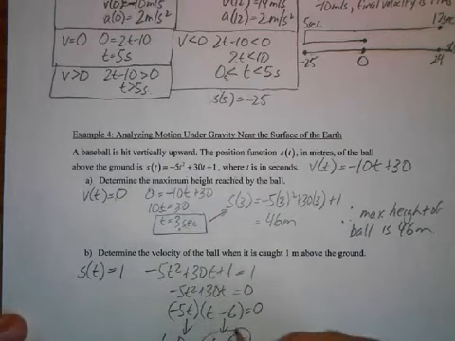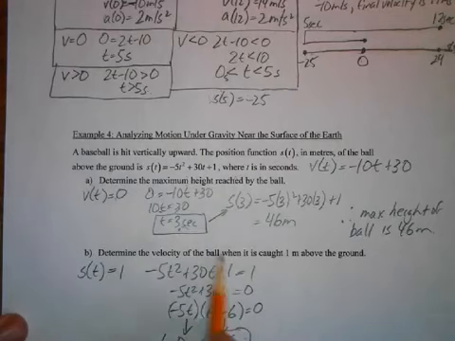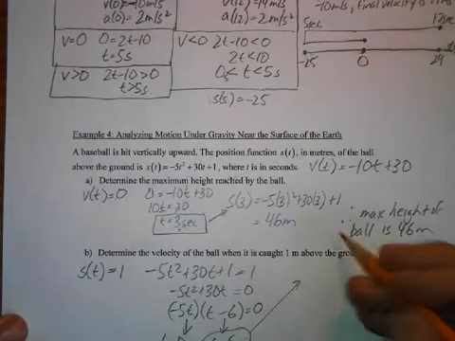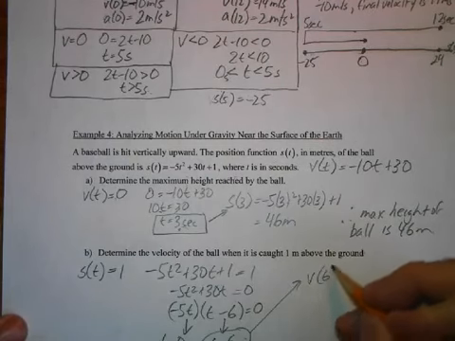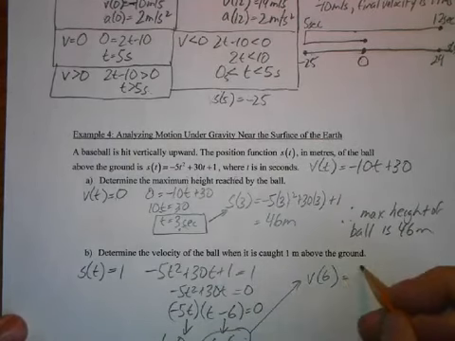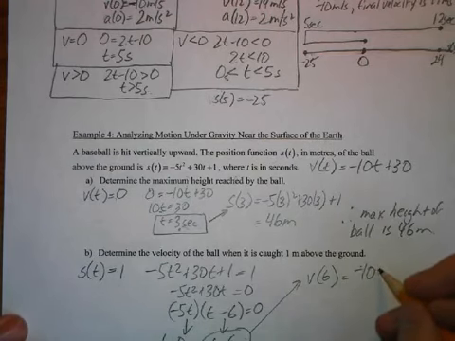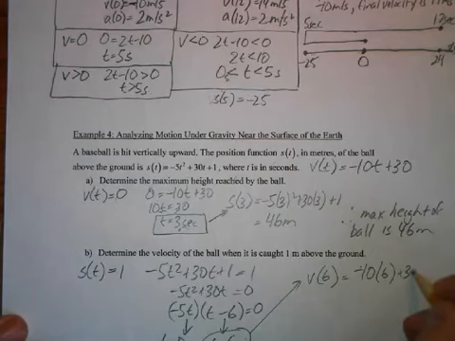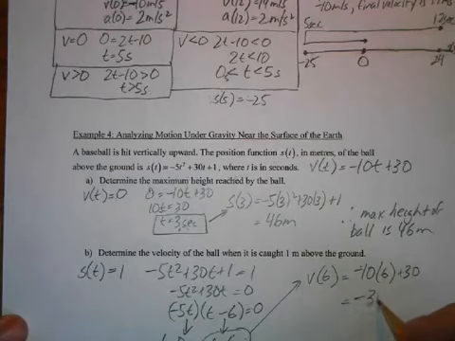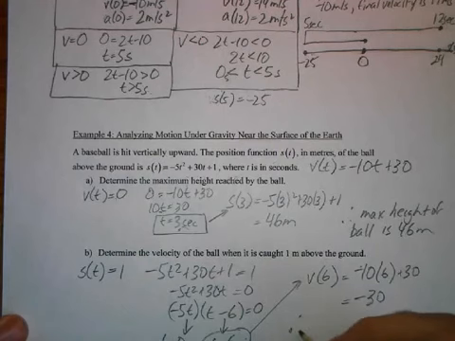But that's not the question. The question is what's the velocity when it was caught? So now we plug that time into the velocity equation. That's going to be negative 10 times 6 plus 30. So that's negative 60 plus 30, which is equal to negative 30. So what does that mean? Well, this is a speed. No, sorry, it's a velocity.